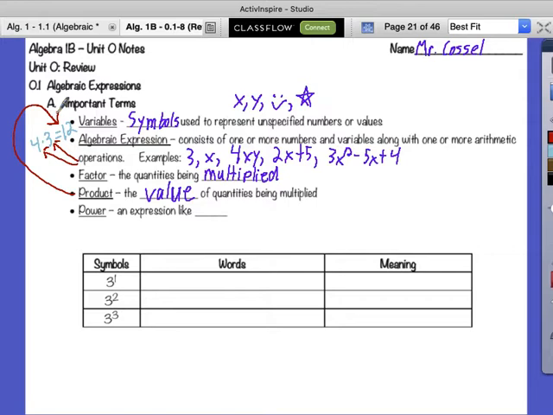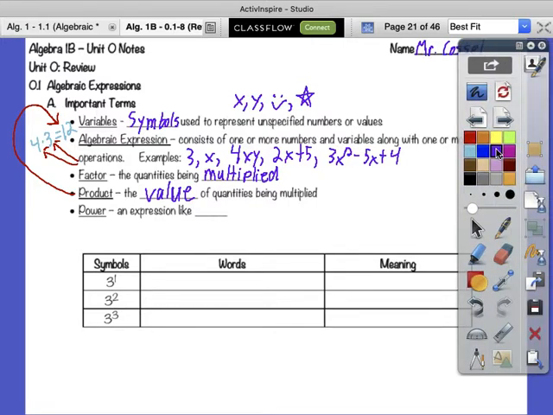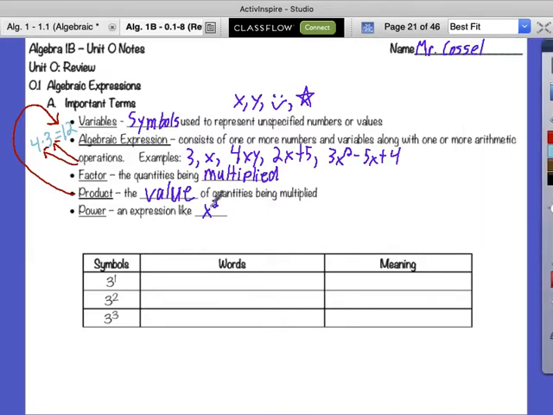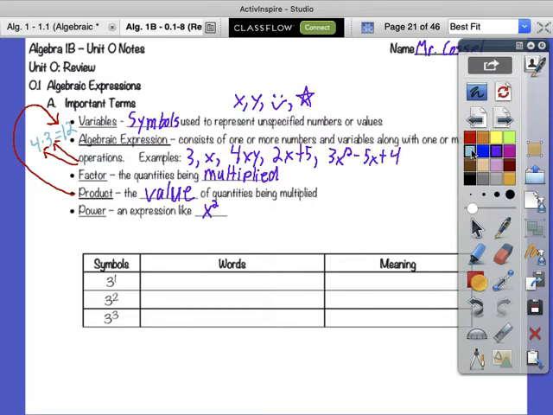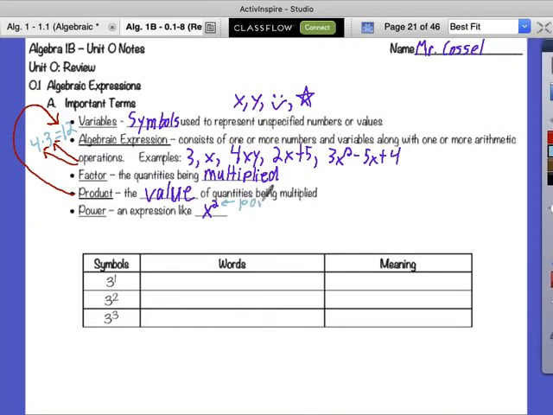So 4 and 3 are the factors, they're the ones multiplying together, but 12 is our product, it's our answer. Power would be an expression like x squared. In the expression x squared, 2 would be your power, and x would be your base.